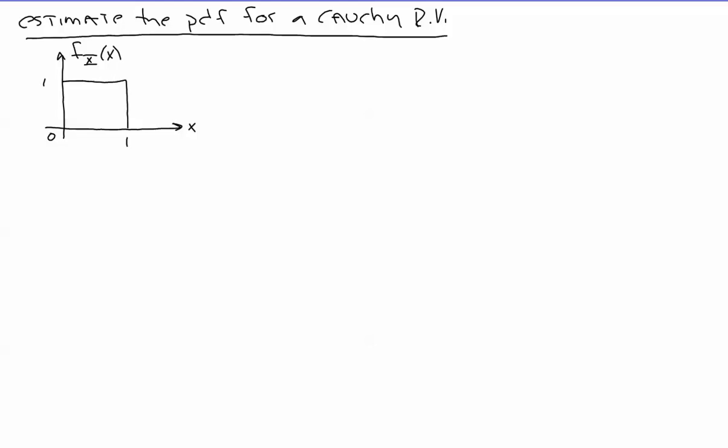And I am going to find a new random variable y, which is g of x, and generate a probability density function that looks like this.